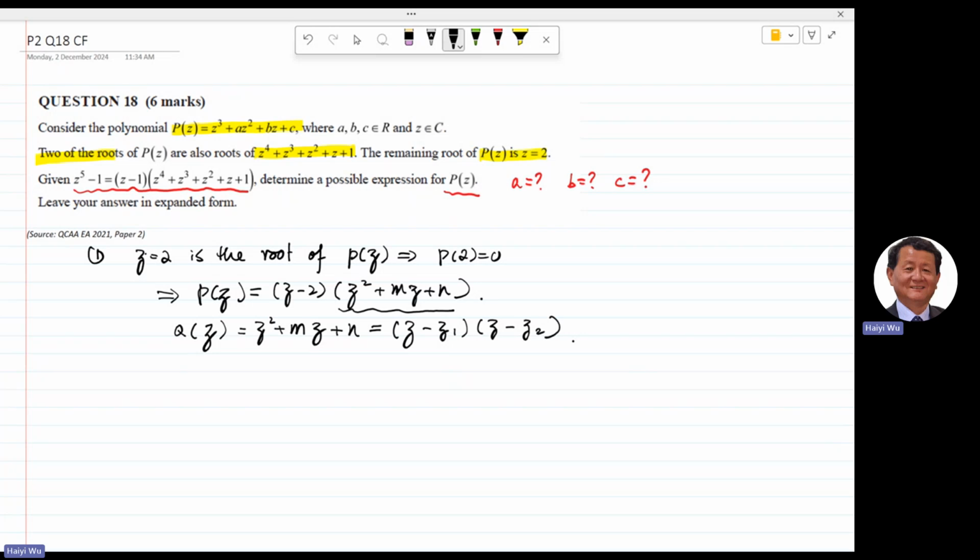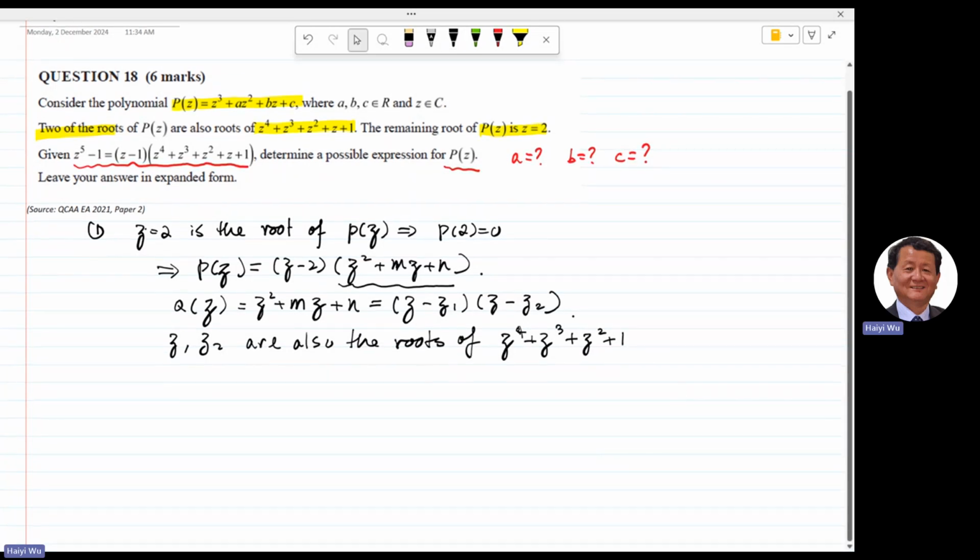We know that z1 and z2 are also the roots of z to the power 4 plus z to the power 3.